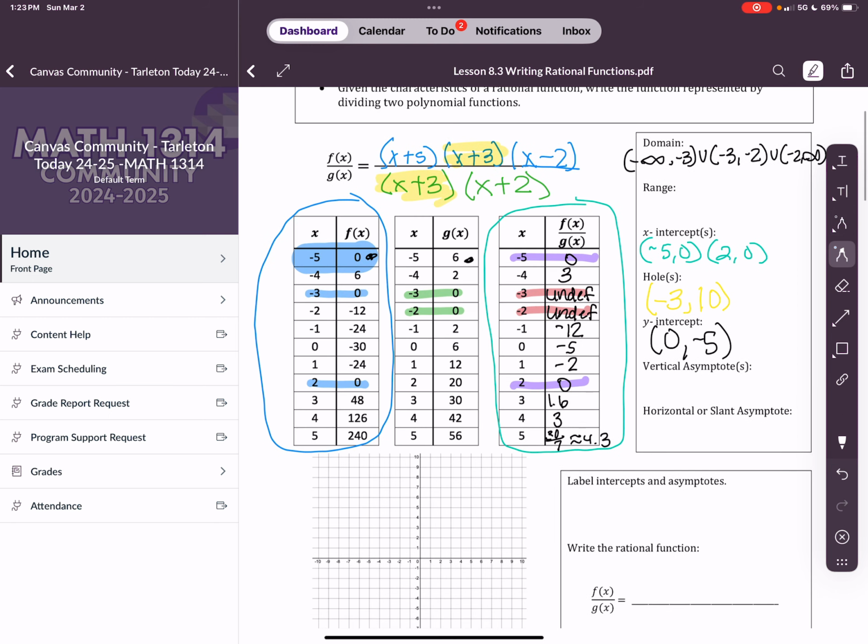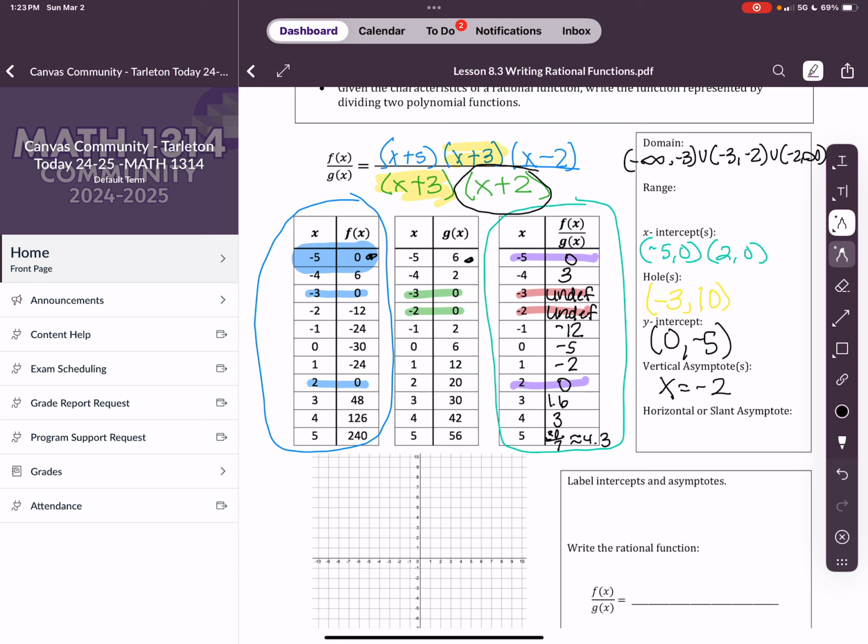Refer back up here to your factors, and notice that this factor in the denominator was not a shared factor. So whatever factor in the denominator was not a shared factor is going to be your asymptote. The x plus 3 was on the top and the bottom, but I only have x minus 2 left in the bottom, so that means that my vertical asymptote has to be x minus 2.